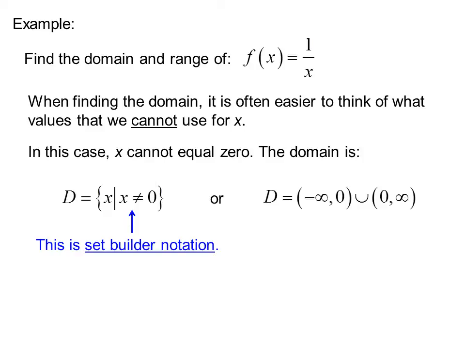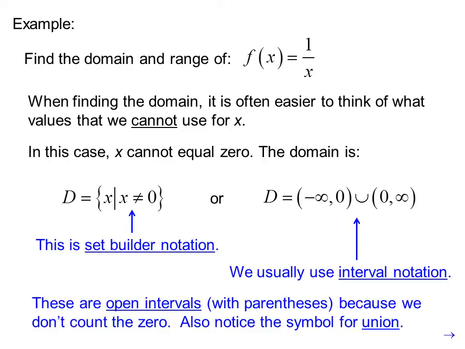Or we could write D equals the interval from negative infinity to 0 combined with the interval from 0 to infinity. We usually use interval notation in calculus, and notice that we use an open interval, parentheses, because we don't count the 0.